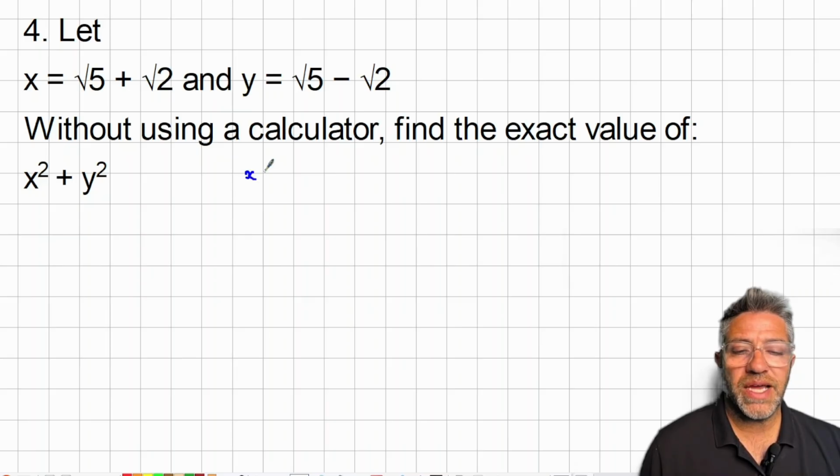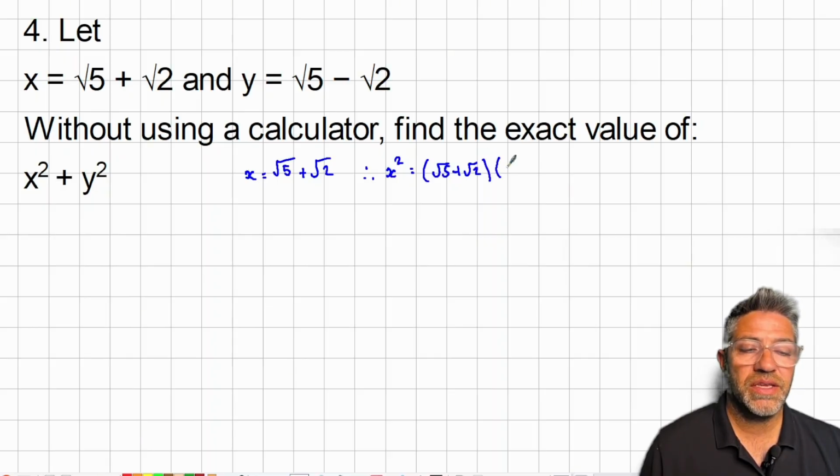Well, let's just write out our initial expression for x, root 5 plus root 2. Therefore, x squared will equal root 5 plus root 2, and I'll put that in brackets for clarity, multiplied by root 5 plus root 2. And once again, I'm putting that in brackets.